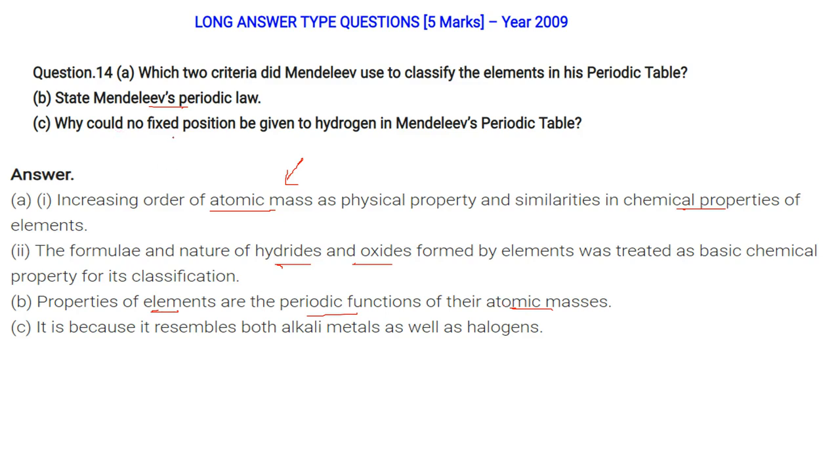Why was no fixed position given to hydrogen in Mendeleev's periodic table? This is because hydrogen resembles both alkali metals as well as halogens. That is why no fixed position could be given in Mendeleev's periodic table.